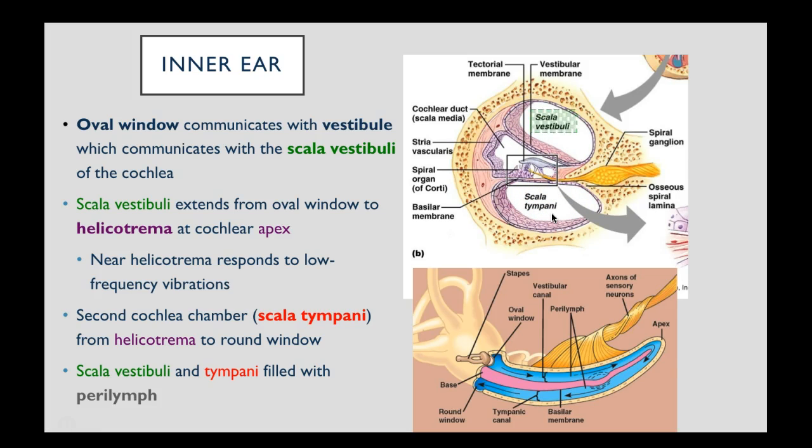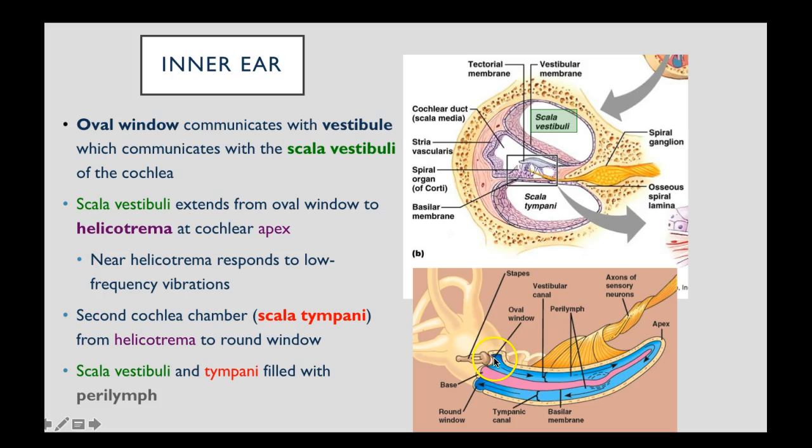Let's start off with our scala vestibuli. So the scala vestibuli is the one that was in contact with our oval window down here. Those vibrations were being sent through this region filled with perilymph.